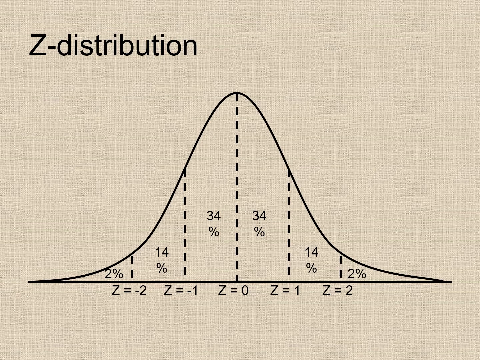So we see it has a mean of 0, and it has positive values above the mean and negative values below the mean. And we know, for instance, that 34% of the zeta distribution is between value 0 and value 1. And we know that value 1, a zeta score of 1, corresponds to a value that is 1 standard deviation above the mean.